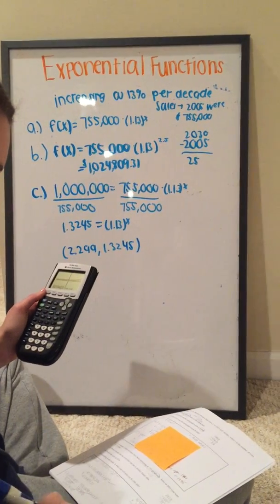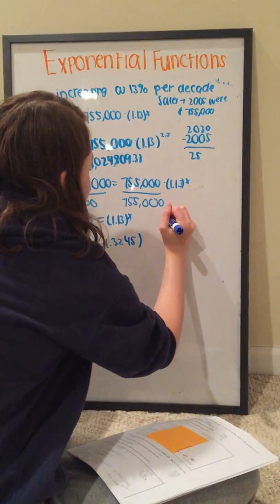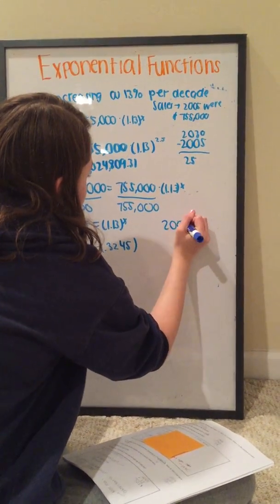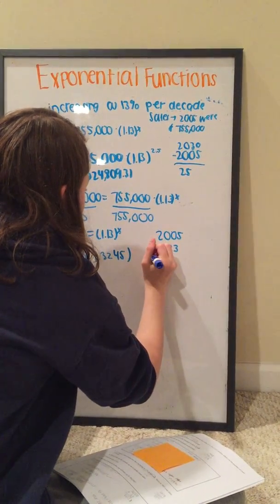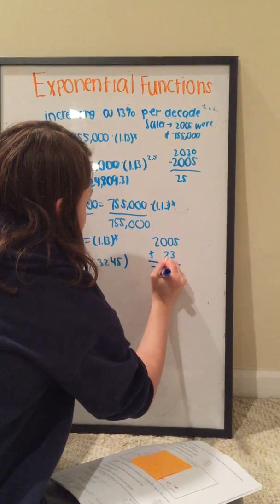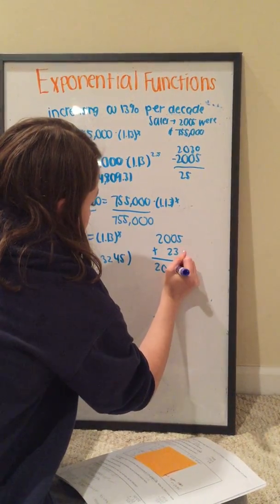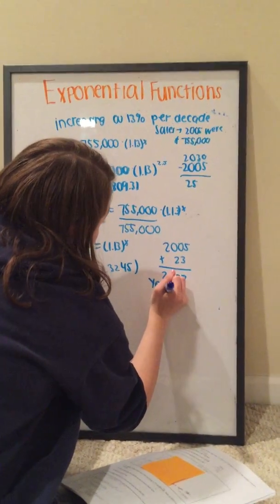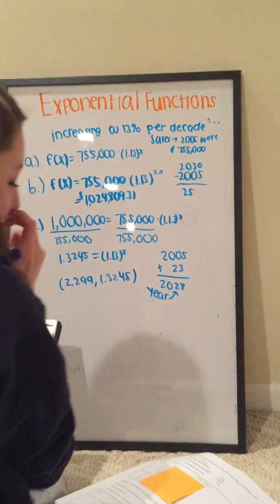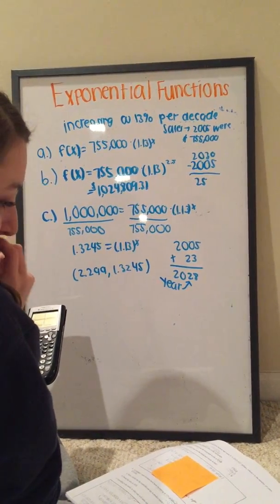And we want to find the year. So 2005 plus 23 years is 2028. So year 2028 would be the answer to that.